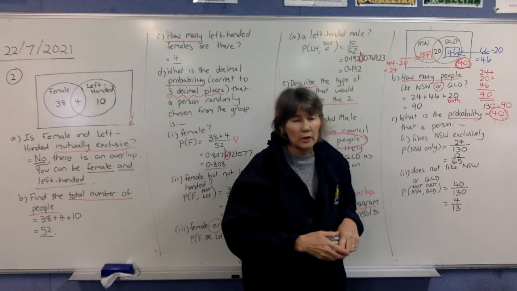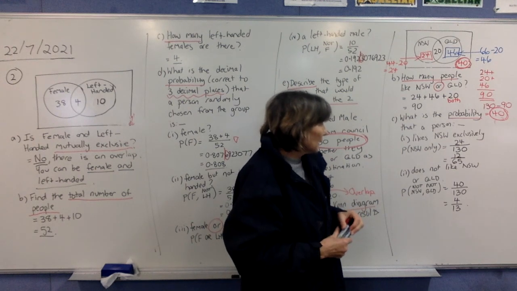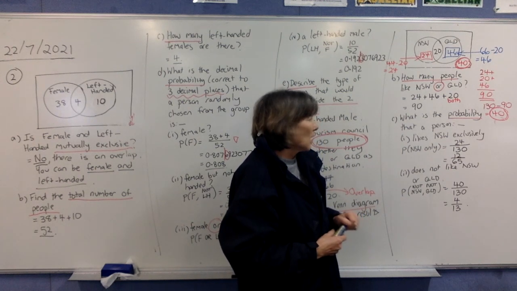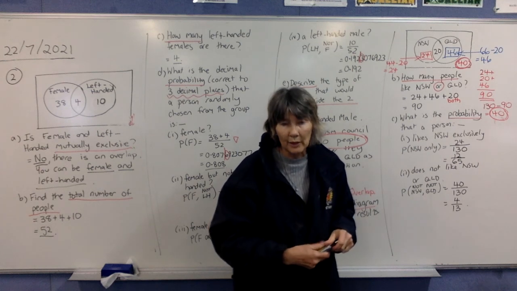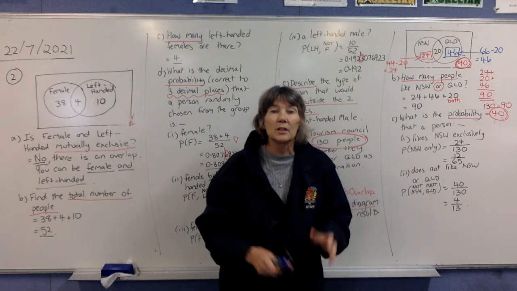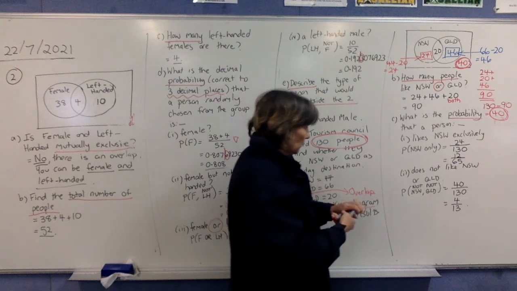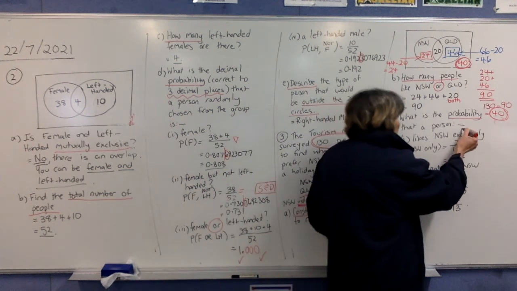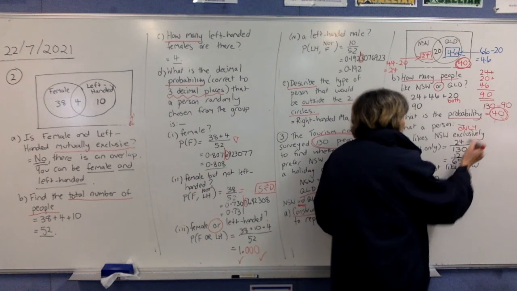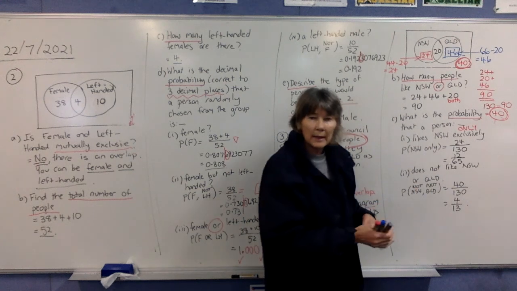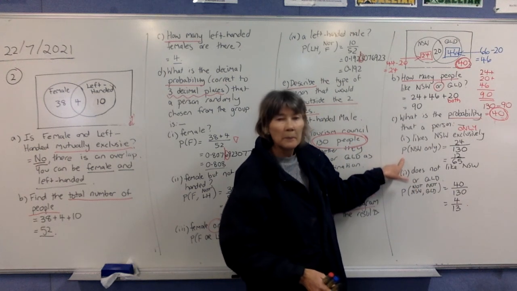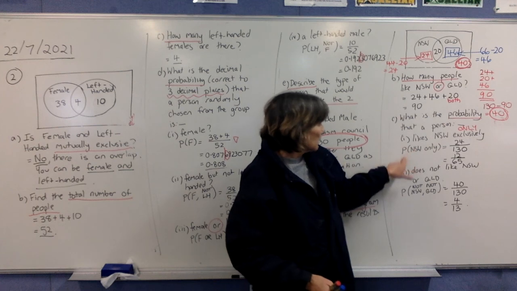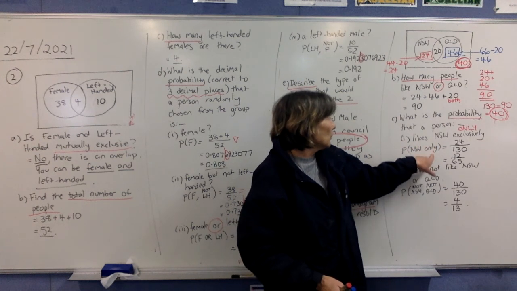But normally they're fractions. So what's the probability that a person likes New South Wales exclusively? Now exclusively means only, right? So when you see that word, it means only New South Wales. So I'm writing down here to make my working easier, P for probability, so the probability of New South Wales only.